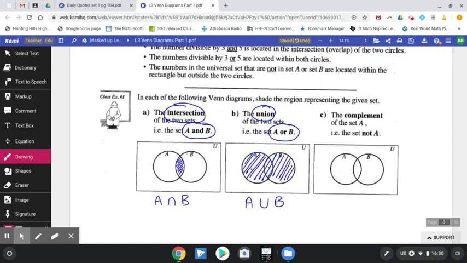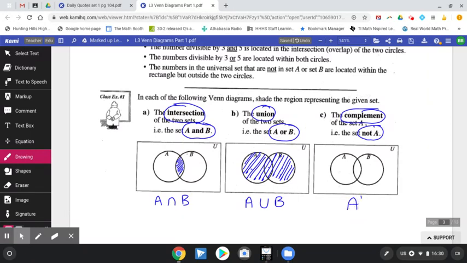And the next one, the complement of set A. Now with words, we say the set not A. And with symbols, we use that little apostrophe.